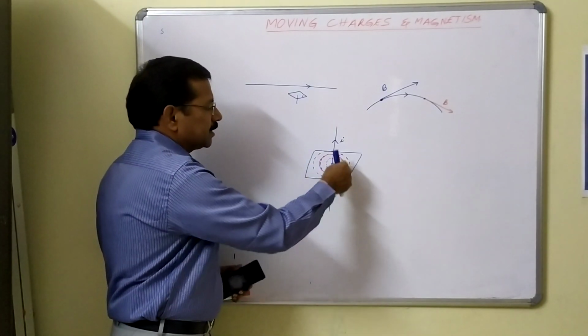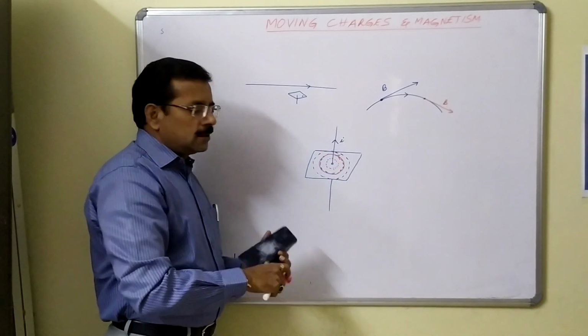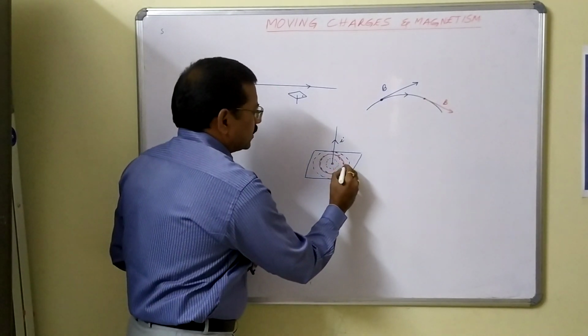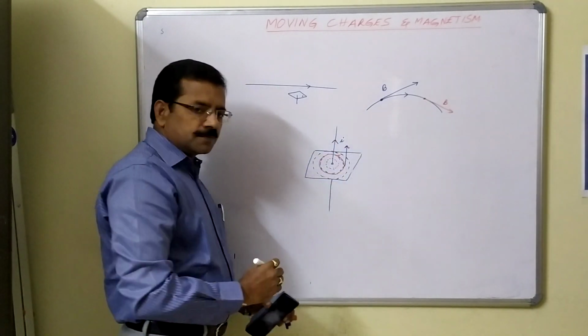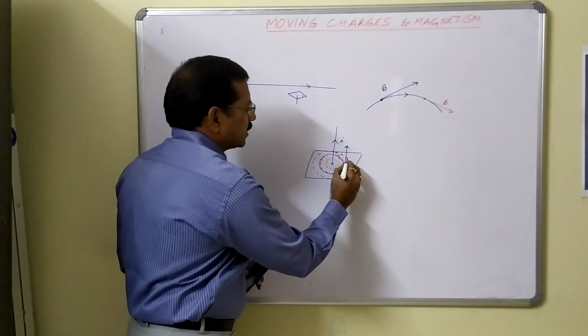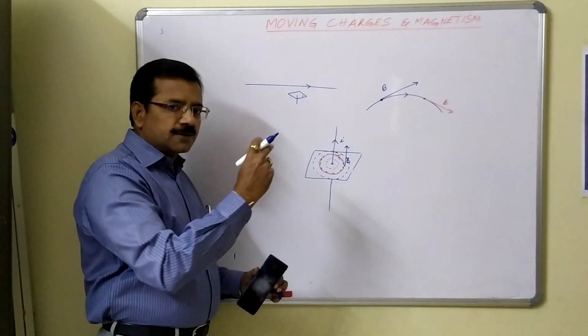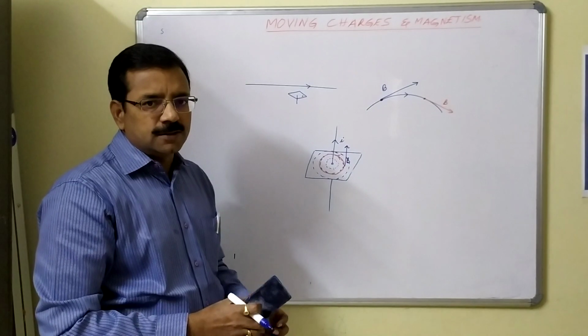Once you know the direction of these field lines, you can easily draw a tangent at any given point.